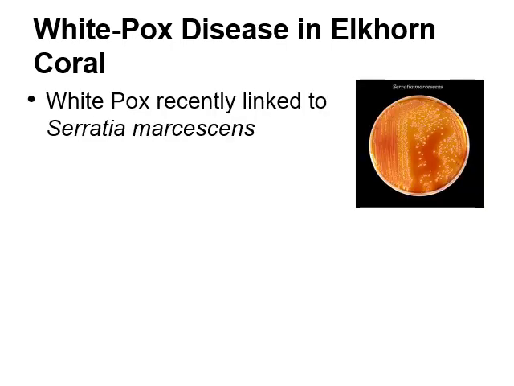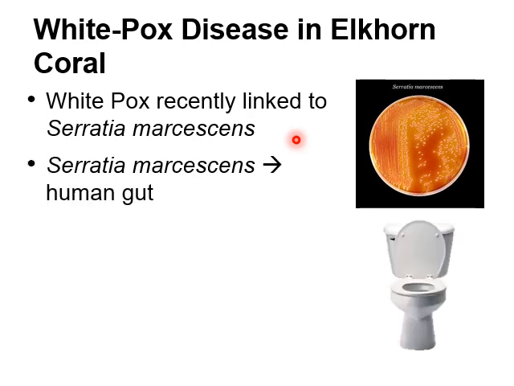And so some scientists from Florida did a really good study on this, where they linked this disease to a particular bacteria known as Serratia marcescens. The interesting thing about Serratia marcescens is that it is a bacteria that is commonly associated with our gut, with our digestive tracts.